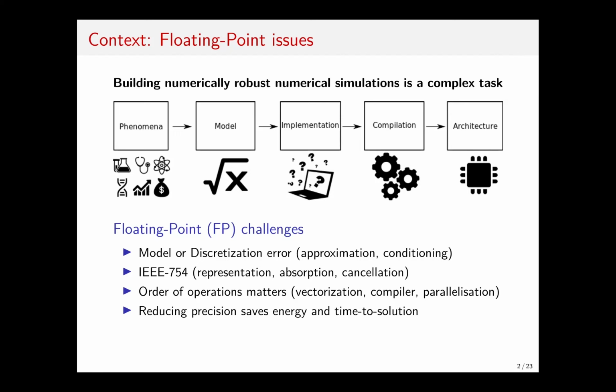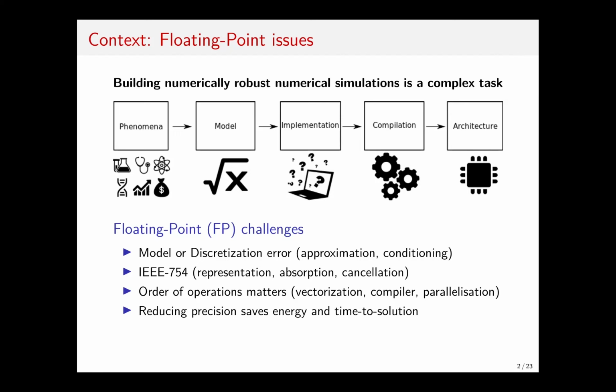Interestingly, floating point arithmetic is not associative. So the order of operations is going to matter, and it's going to influence the error. All the optimizations we are going to do, vectorization, compiler transformations, parallelization, can affect accuracy. So all these choices we can make to improve performance are going to affect the accuracy of our results.